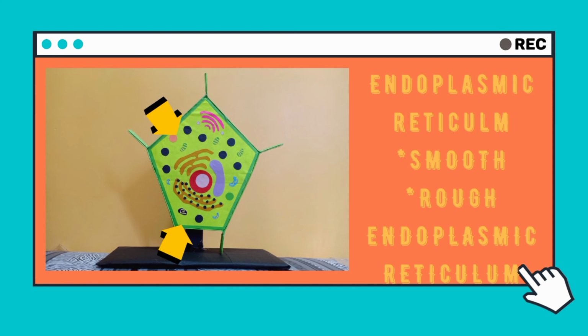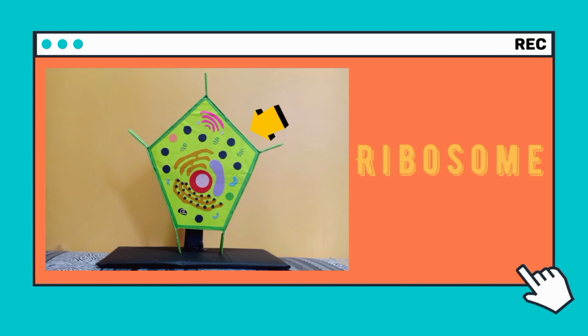Smooth endoplasmic reticulum, by contrast, is not associated with ribosomes and its functions are different. Meanwhile, the rough endoplasmic reticulum is named for its rough appearance, which is due to the ribosomes attached to its outer cytoplasmic surface.